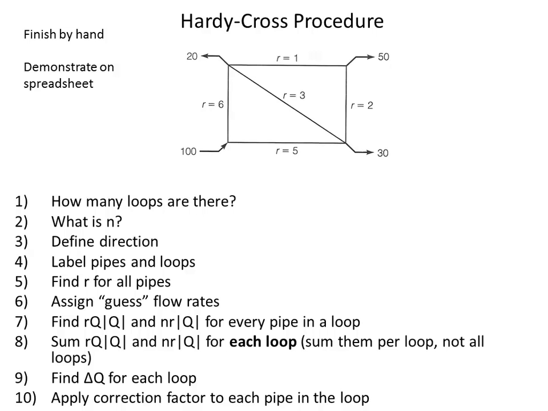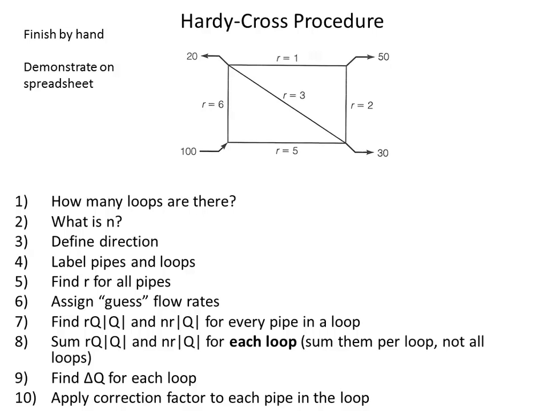So we've got loop 1 on the bottom, loop 2 on the top. And so that's why over here I've put down, for example, -50 for pipe 3-4, -50 because it was going against the clockwise direction.